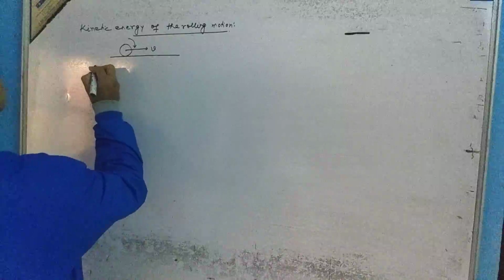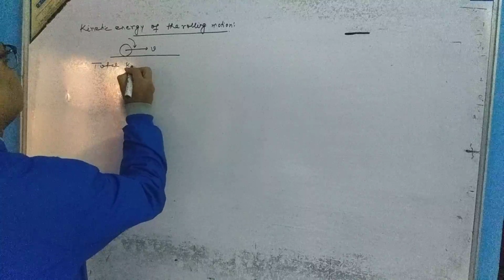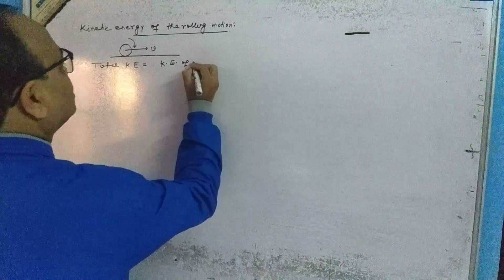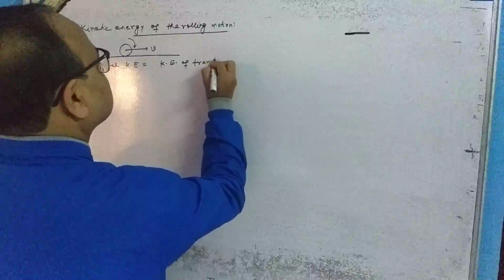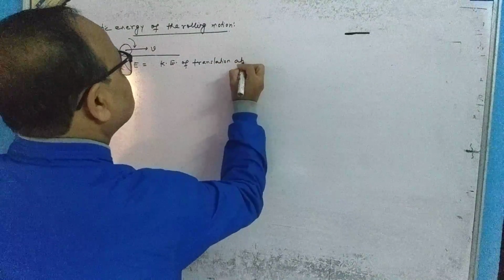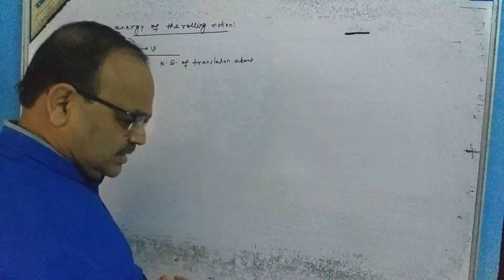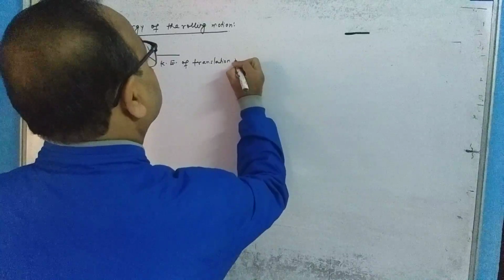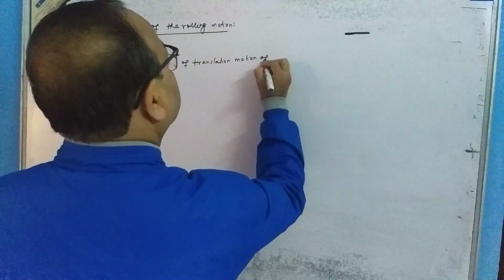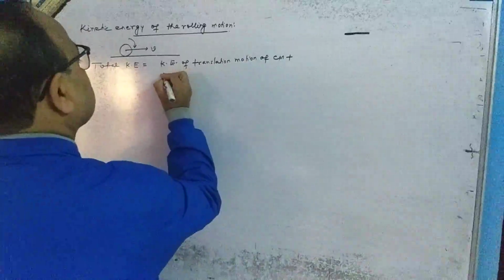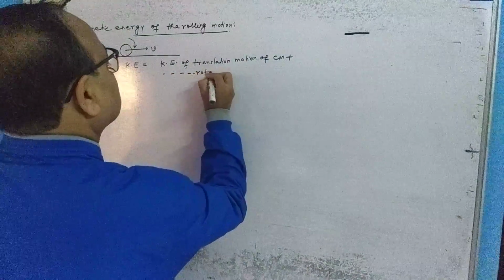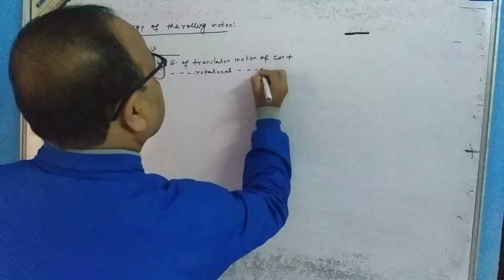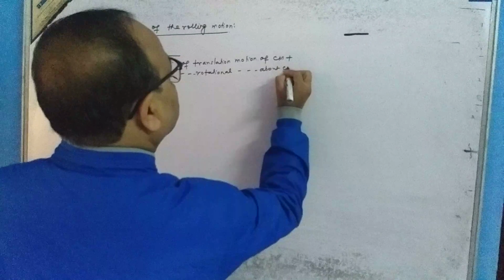The total kinetic energy should be equal to the kinetic energy of translation of the center of mass plus the kinetic energy of rotational motion about the center of mass.